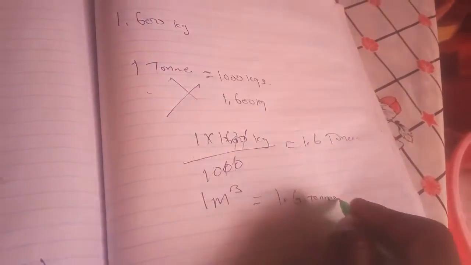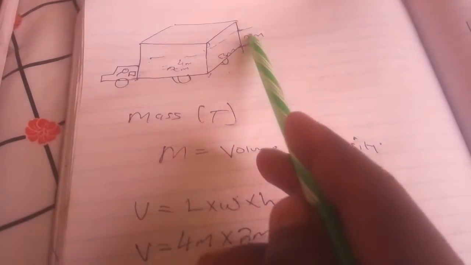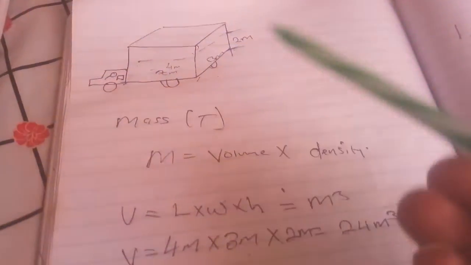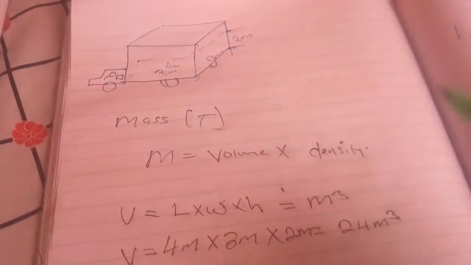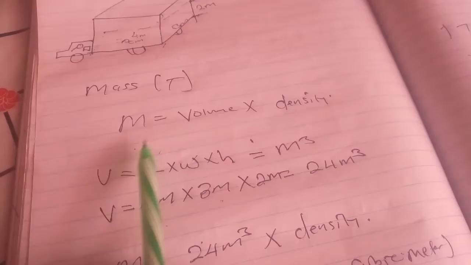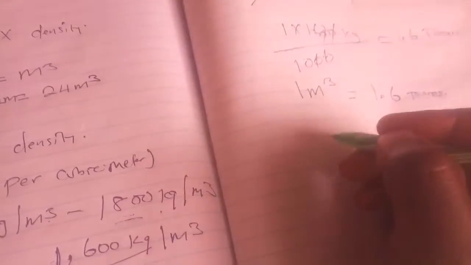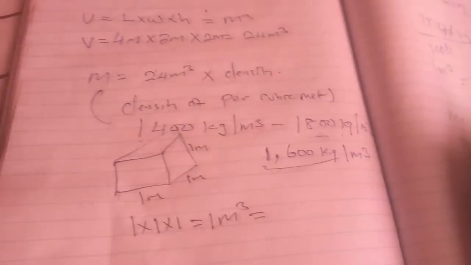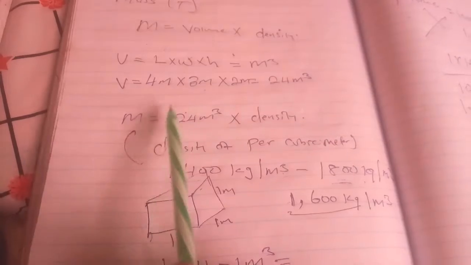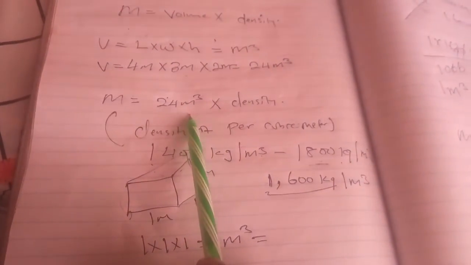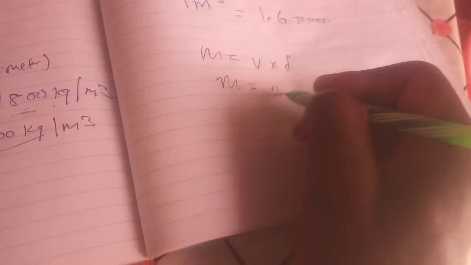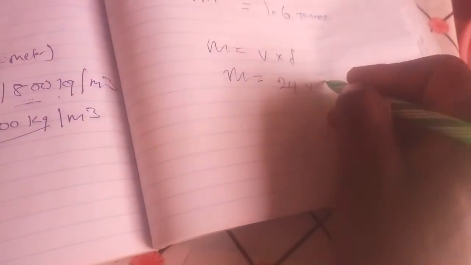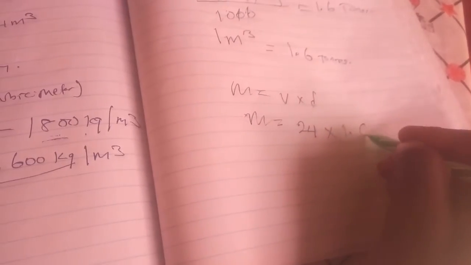Now let's go back to our mathematics so that we can find how many tons this truck is carrying. We said again, mass is volume times density. The volume, we saw, is length times width times height, which is 24 meters cubed. So we write 24 times 1.6.